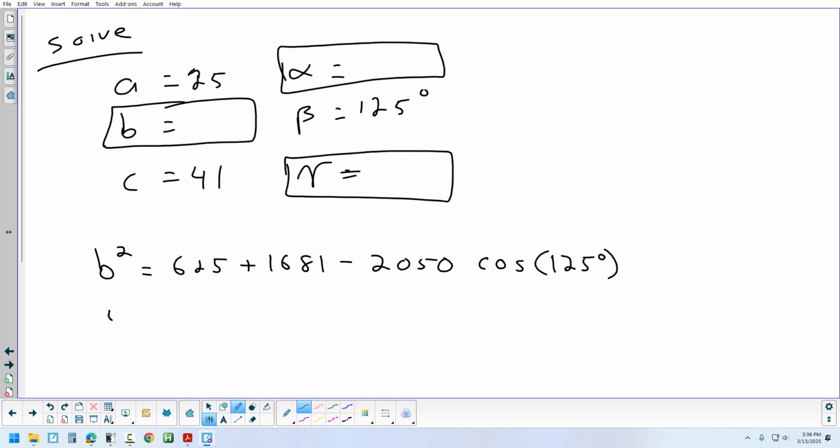So now we have some like terms we can combine. What are my like terms on the right side that I can combine together? Everything except for the cosine 125.